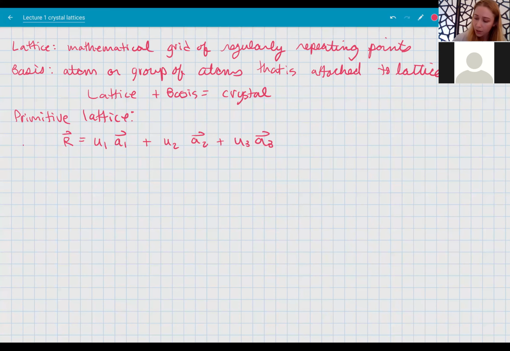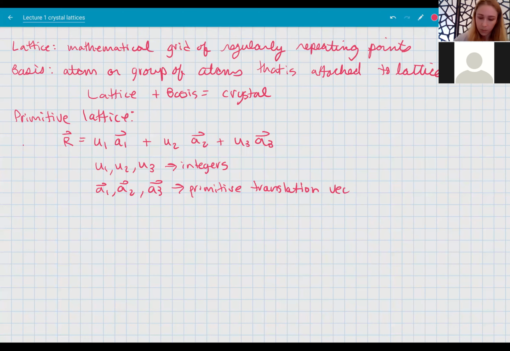Okay, so here u1, u2, u3 are integers, and a1, a2, a3 are primitive translation vectors. And these primitive translation vectors can be used to construct a grid with all the lattice points.